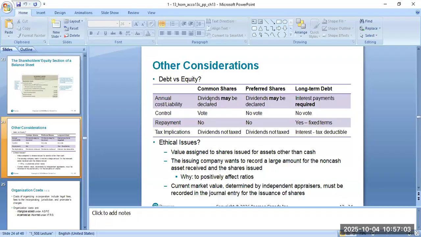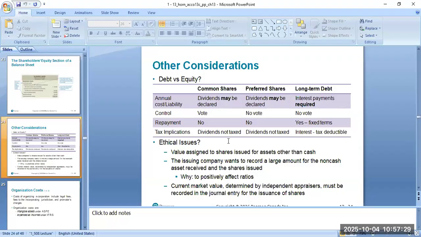Repayment: whatever money you get from the shareholders, you don't have to pay back. You have no obligation to pay the money back. But if you borrow the money, you have to pay it back. For tax purposes, dividends are not tax deductible, whereas interest is tax deductible.